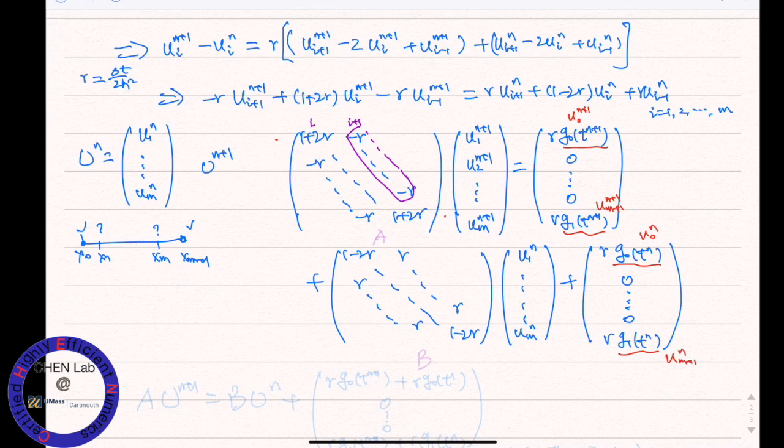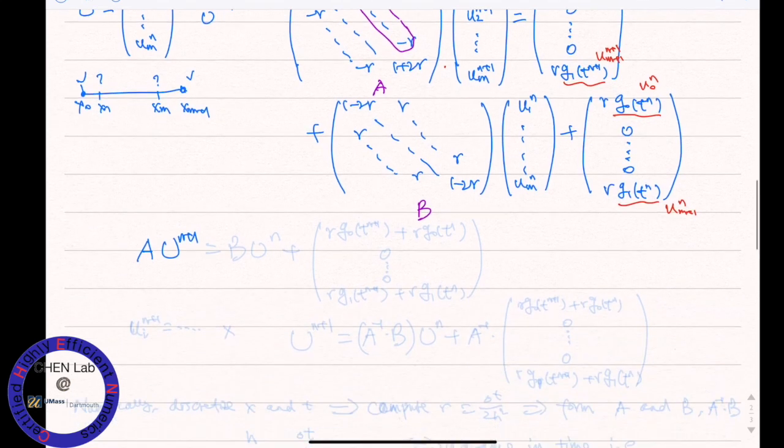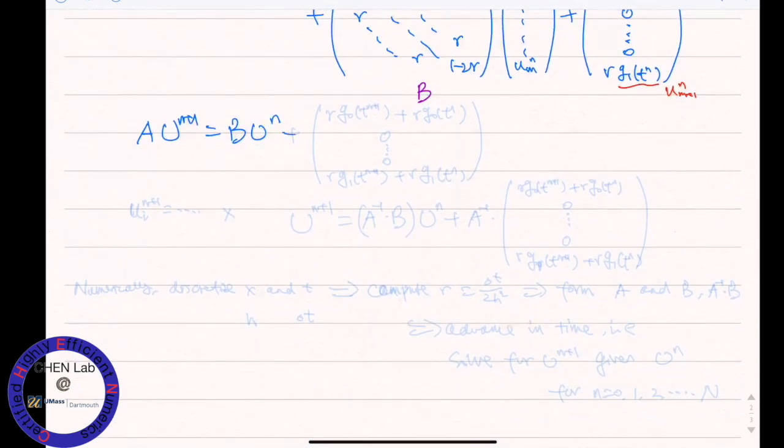So this is pretty straightforward, because if we denote this matrix by A and that matrix by B, then we have A u^{n+1} equal to B u^n plus two vectors added together: r g_0(t_{n+1}) plus r g_0(t_n), 0, 0, and then r g_1(t_{n+1}) plus r g_1(t_n).